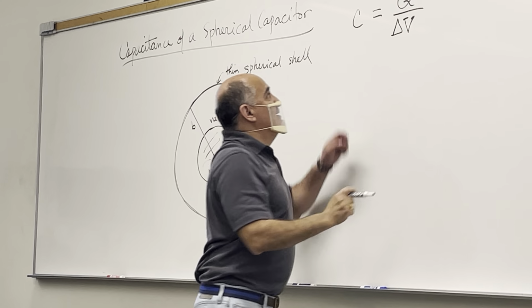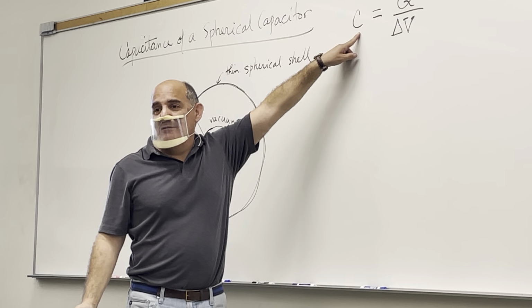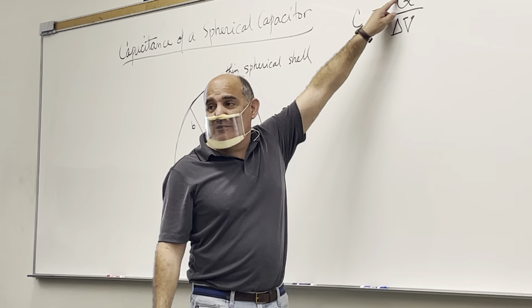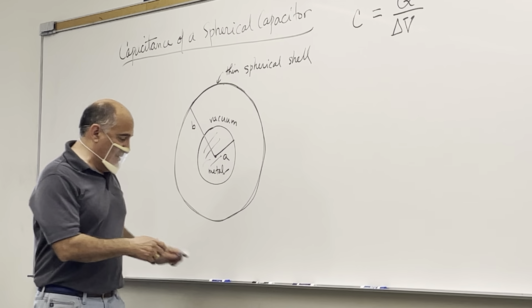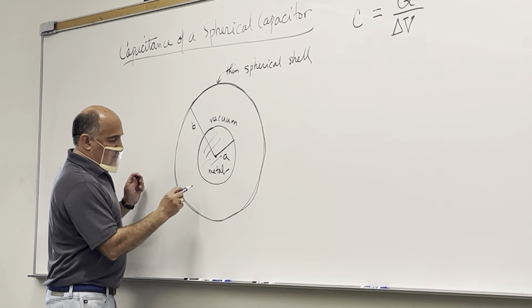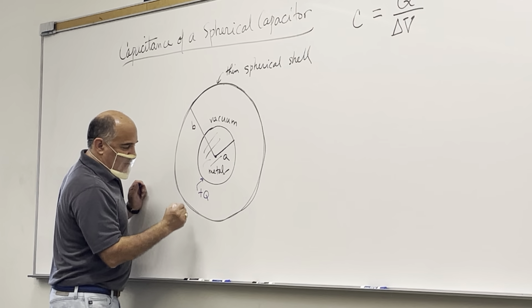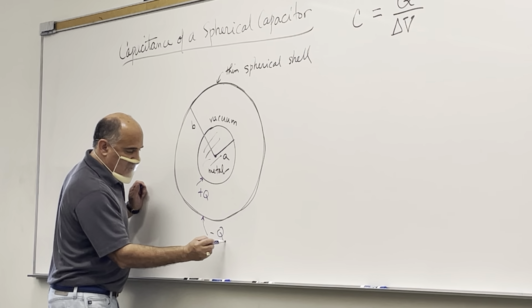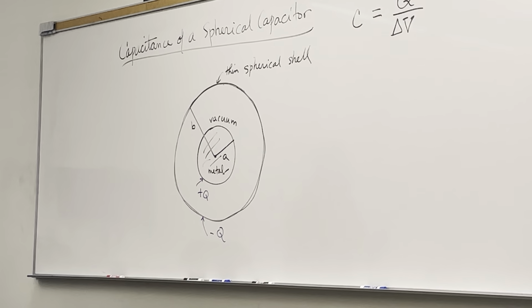Remember, this result depends on the geometry, so in the end I'm not going to have a charge Q in my expression. If I charge the inner conductor with plus Q, then the charge on the outer conductor is minus Q. For capacitors, one conductor is positively charged and the other is negatively charged with the same amount of charge, but negative.